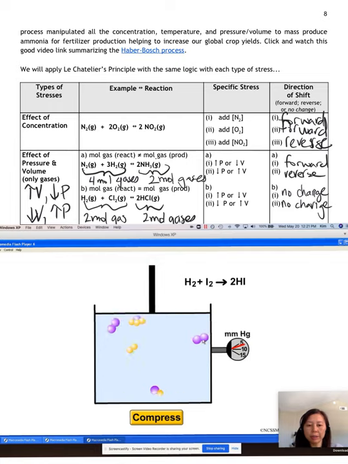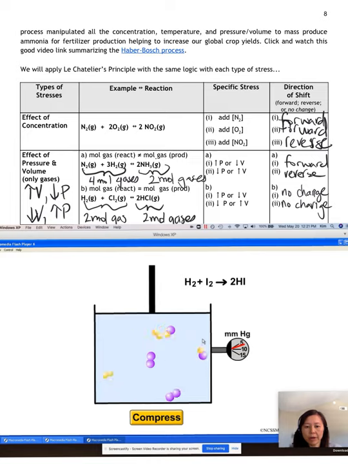And of course, you also see some products, the HI gas particles, and it looks like there's 2 of them. So notice 2 of everything: 2 hydrogen, 2 iodine, and 2 hydrogen iodide particles as gases.